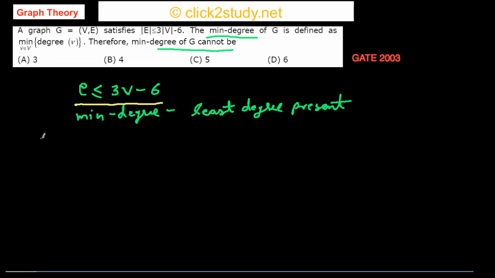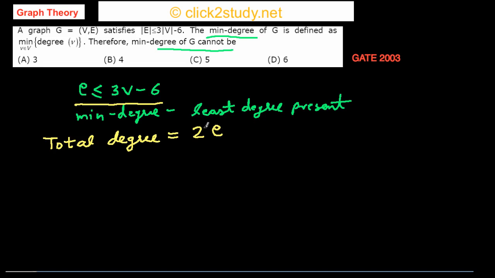What do we know about the relation between total degree, that is the sum of all the degrees of all the vertices, and the number of edges? It is 2 times E. This is a standard theorem. I have also proved this in previous videos, in one of the problems I did earlier.